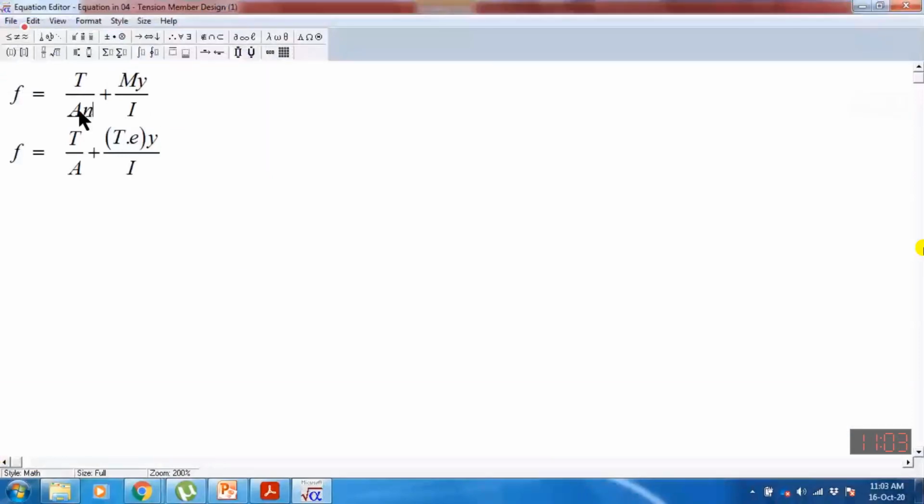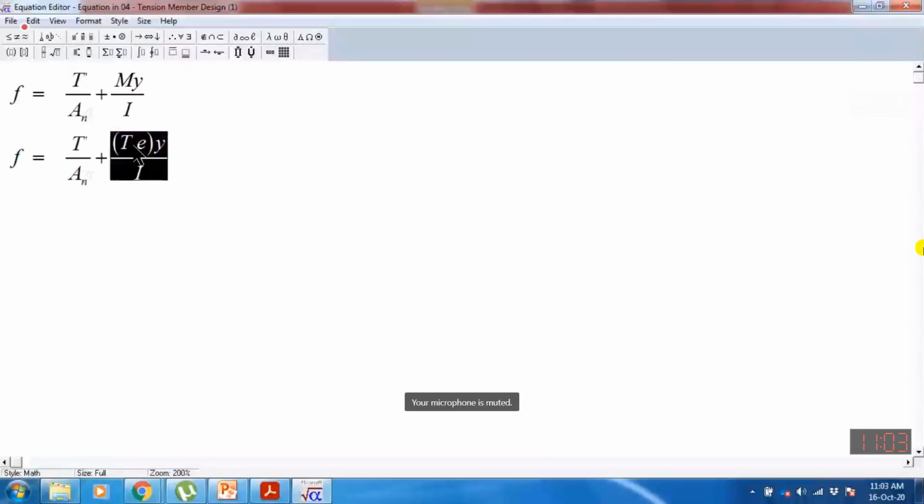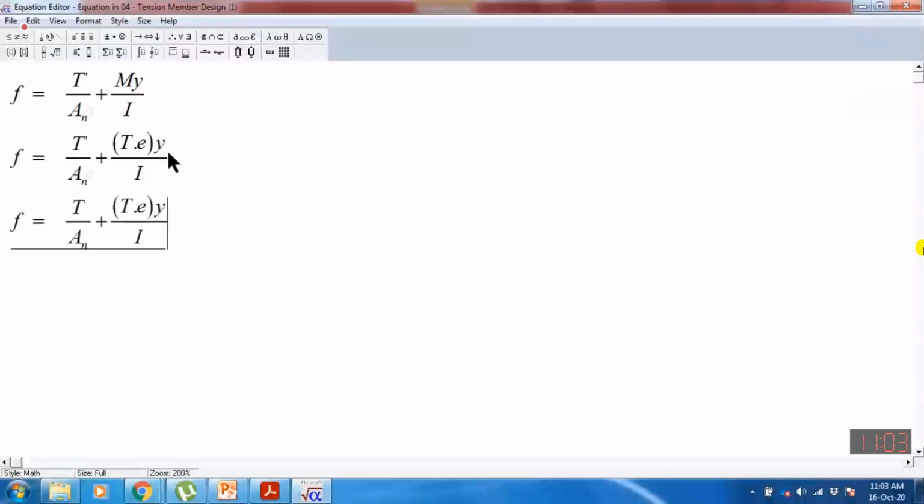because I'm computing the stresses at the net area. So what we will do, we ignore this value, and I can reduce this net area by multiplying this U factor, which is shear lag factor. This means that if I reduce the area, the denominator is less, so the stress is more.